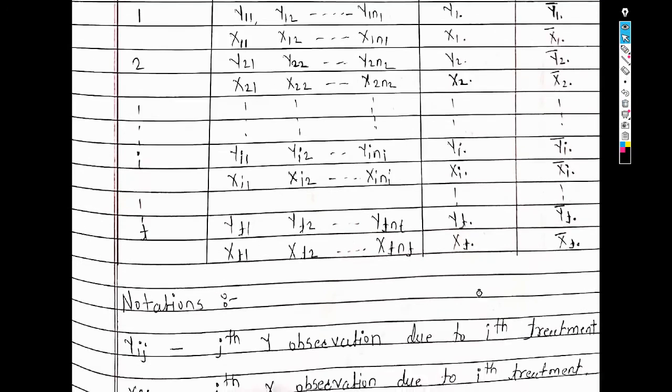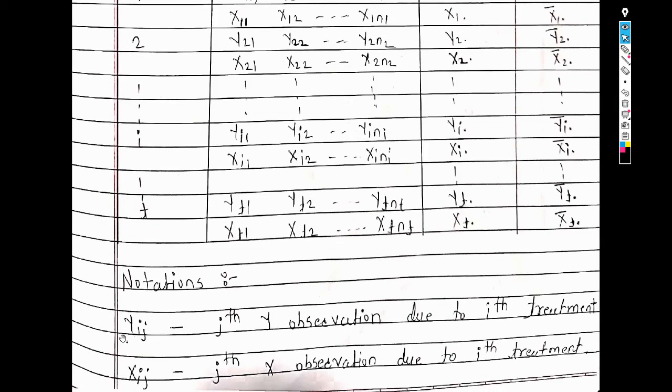we use in ANOVA with CRD. So what is Yij? Yij is the jth y observation due to the ith treatment, and xij is the jth x observation due to the ith treatment.